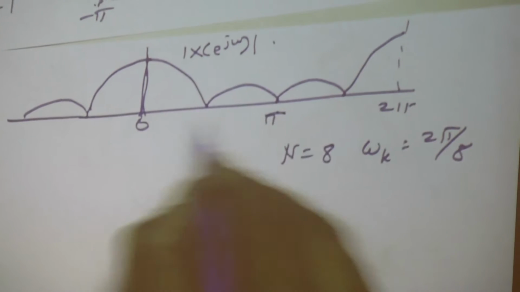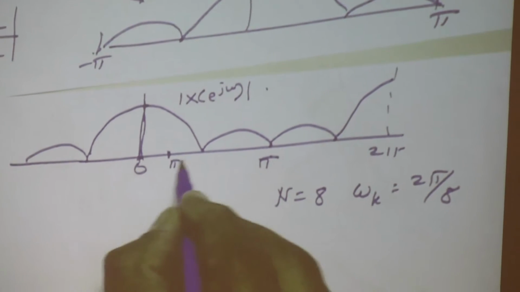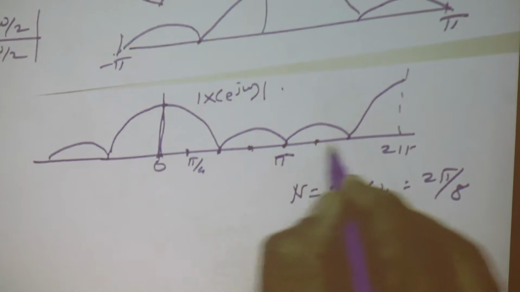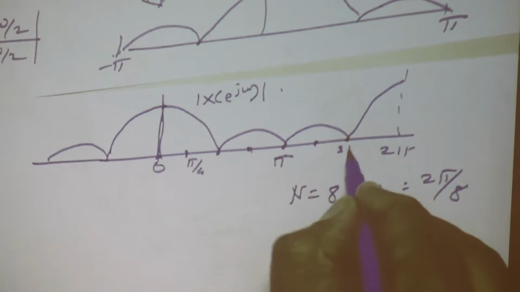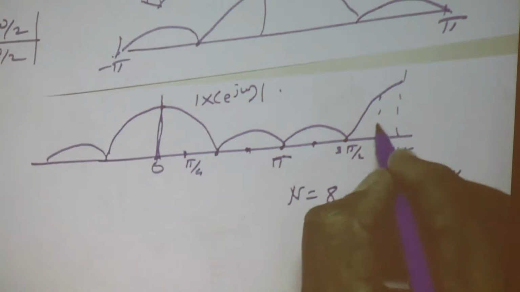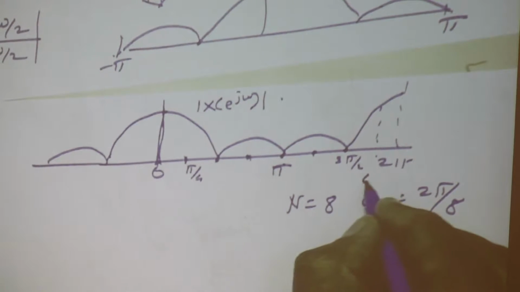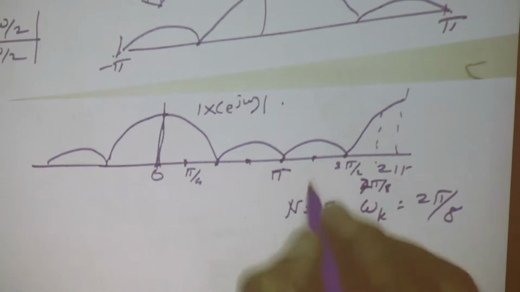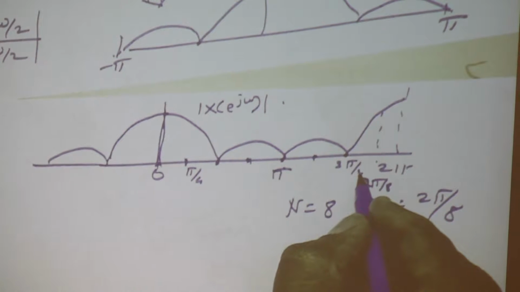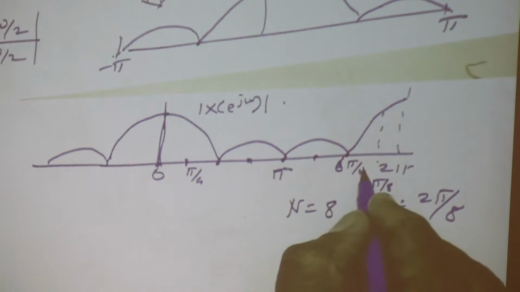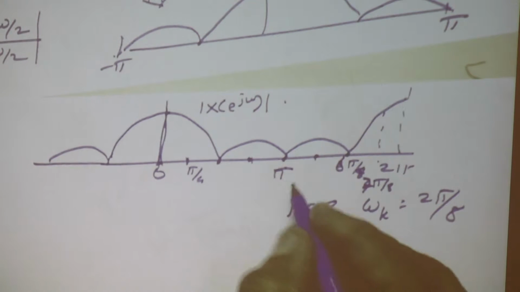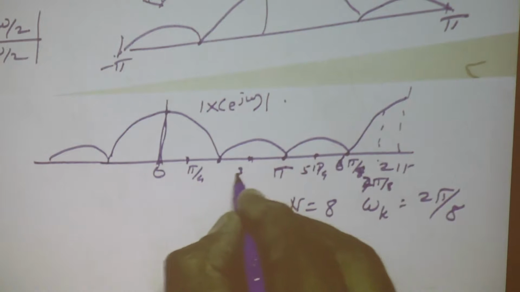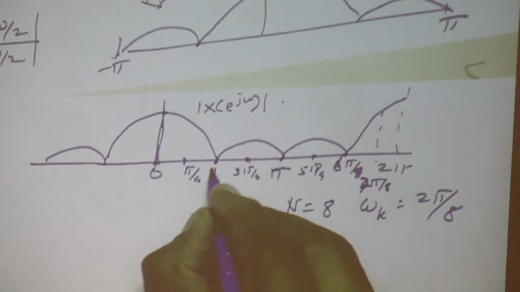So, now my frequencies here are 0, pi by 4, pi by 2, 3 pi by 4, pi, 5 pi by 4, 6 pi by 4, that is 3 pi by 2, and so on.